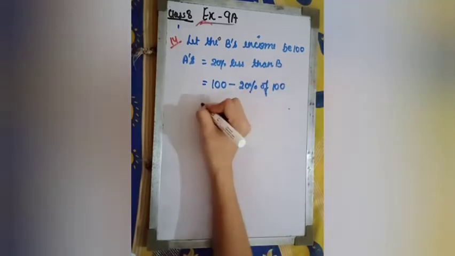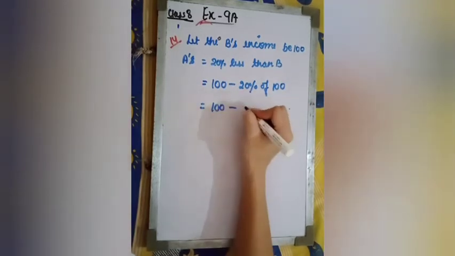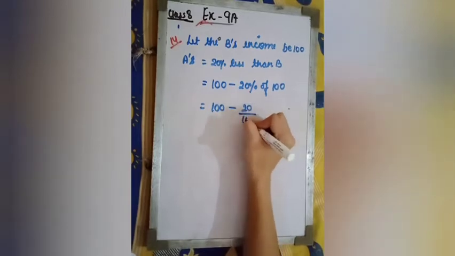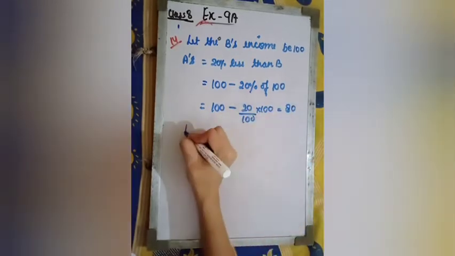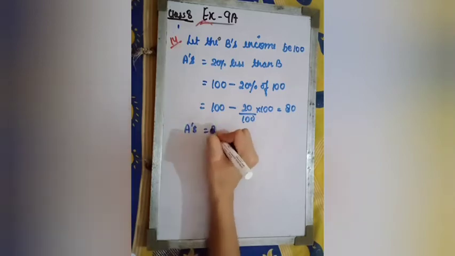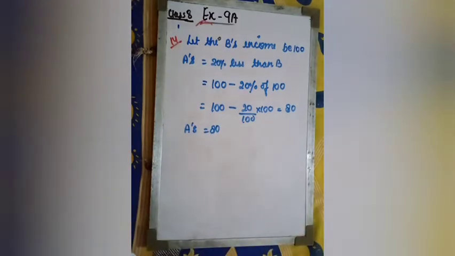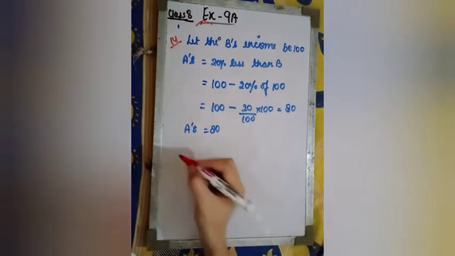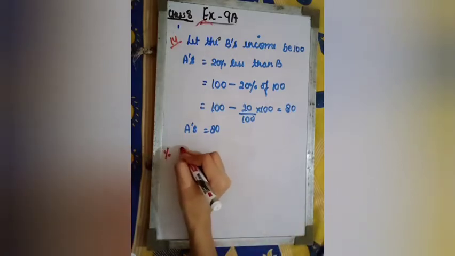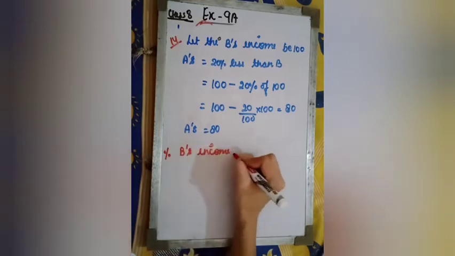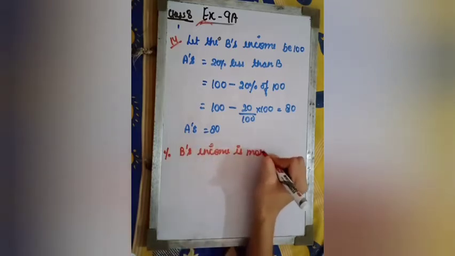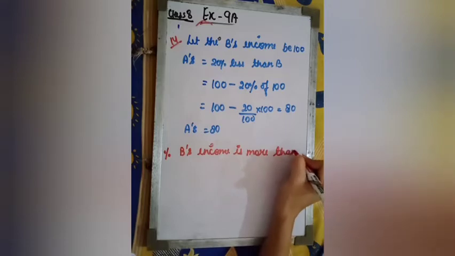Okay, 100 में से 20% कम है, so it will be 80. So A's income is 80. Now they are saying how much percent B's income is more than A.